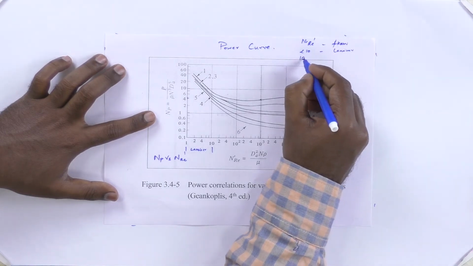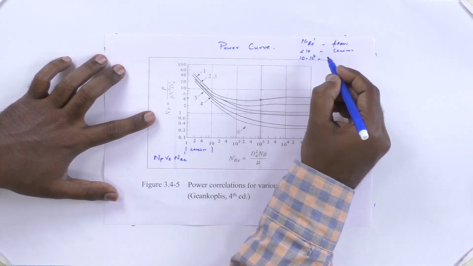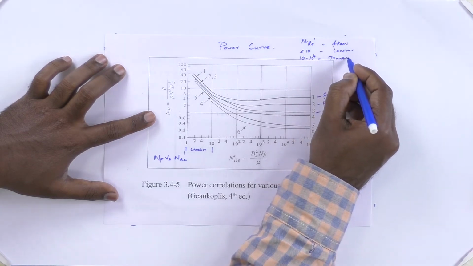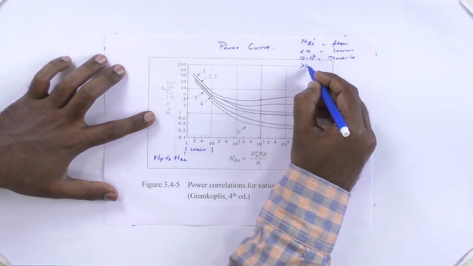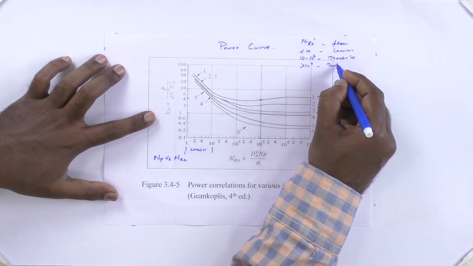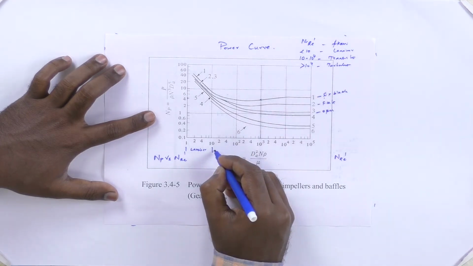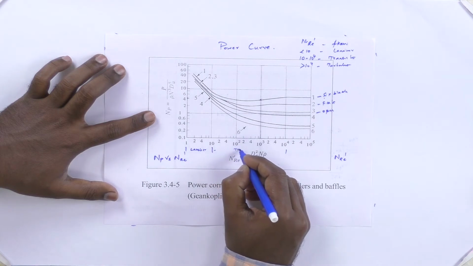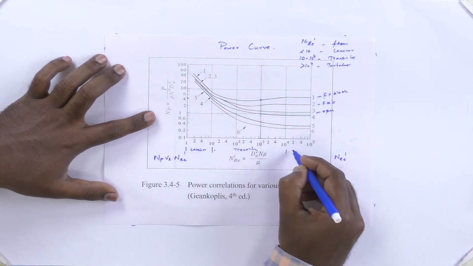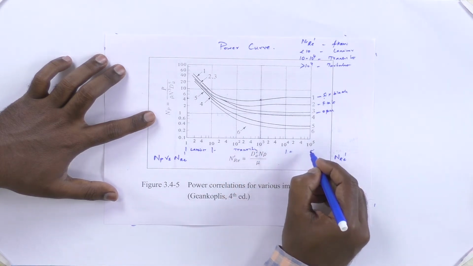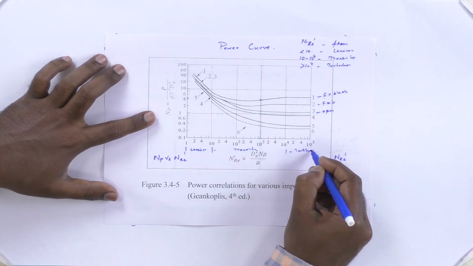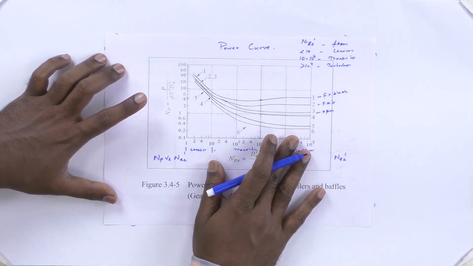If it is up to 10 to the power of 4, it is transitional, and greater than 10 to the power of 4, it is turbulent. That is, this range is transitional, and this is called turbulent. So this is how we need to use the power curve.